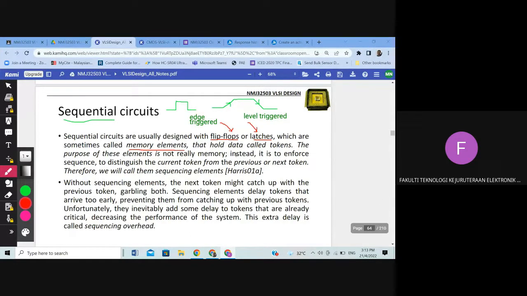So this is the high level, and this is the low level of a clock. This is what we call level, and this one we call edge, rising edge and falling edge.